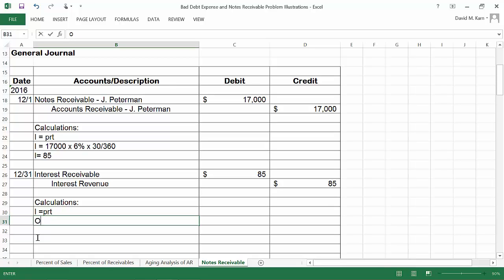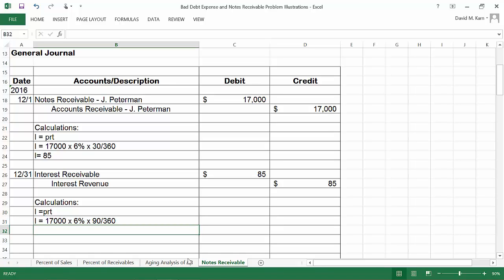And I equals the principal of 17,000 times the rate of 6% times the remaining days in the note, which would be 90 for this accounting period because we've already calculated the other 30 in the other period.